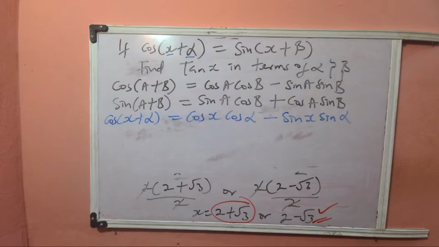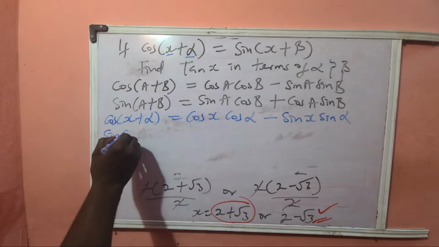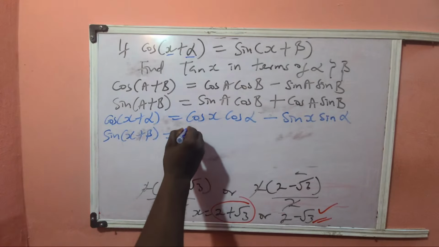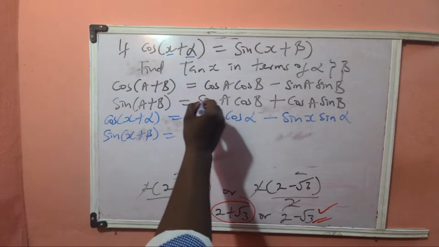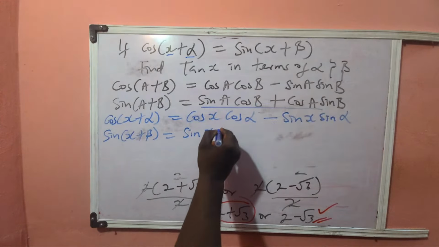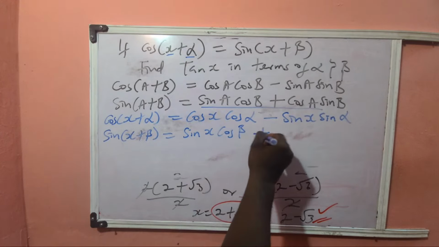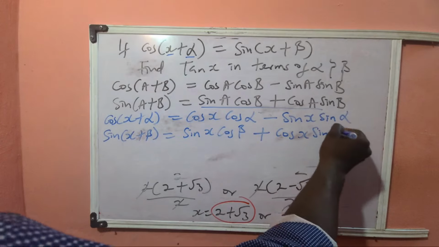So you can see this is the very first step we're going to be using. And then for the other side, the sine of x plus beta will be equal to, using this particular identity, the sine of x, the cos of beta, plus the cos of x, the sine of beta.